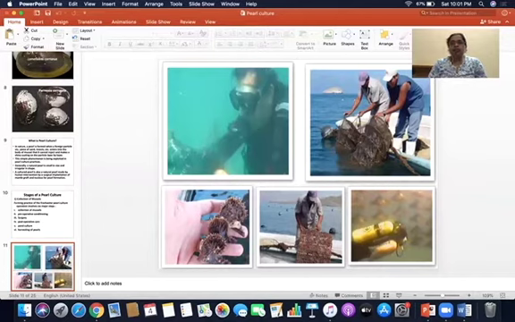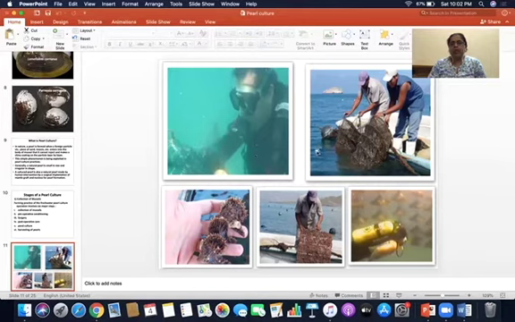The first one is collection of mussels. To collect the oysters or the mussels, deep sea divers go into the ocean bed or the river beds seasonally, say from February to September, and collect mussels.